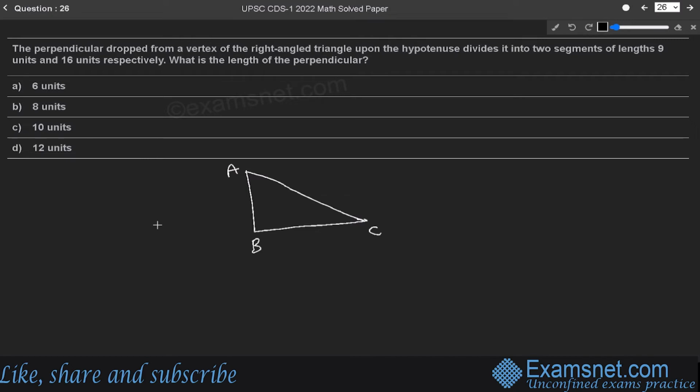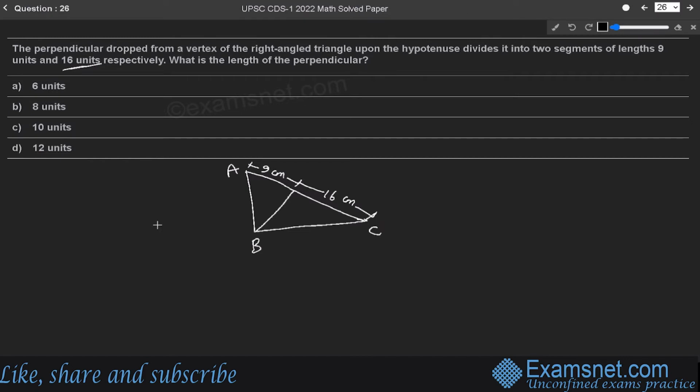According to the question, the hypotenuse is divided into two segments. One is 9 units and another one will be 16. I hope the diagram is clear to you.